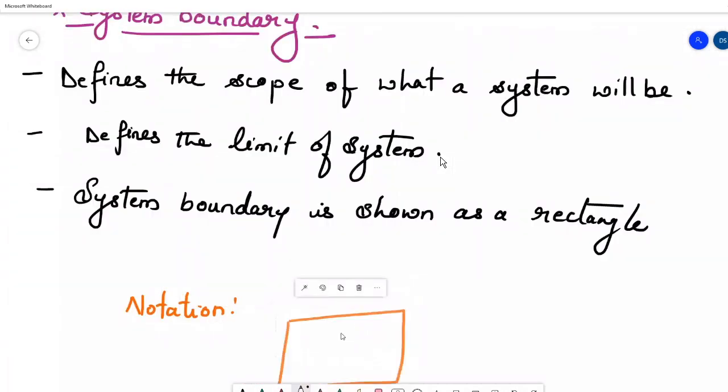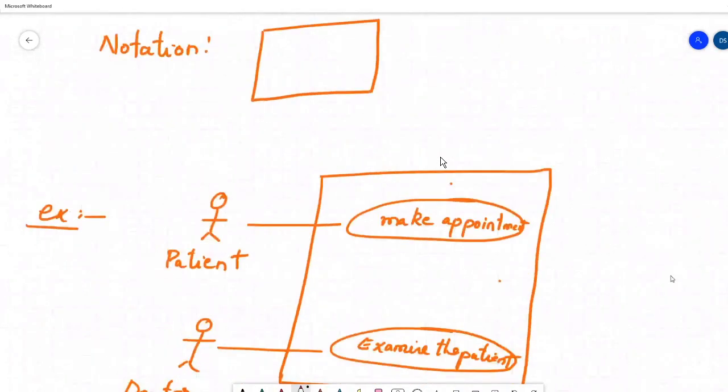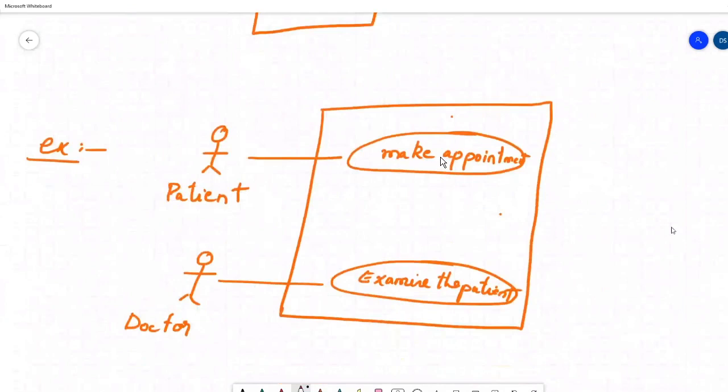Now, the system boundary is represented by a rectangle, and it defines the scope of the system, the limit of the system. We saw a simple example of a patient interacting with a doctor.